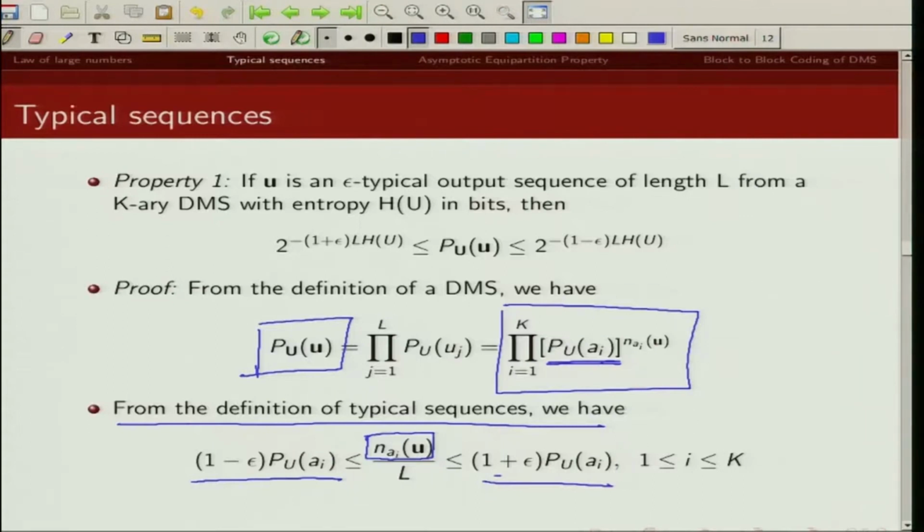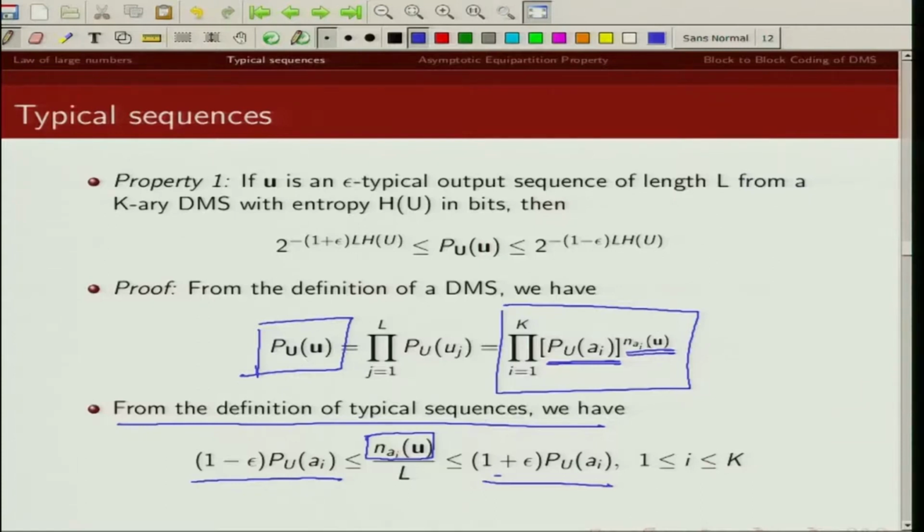Now if you try to raise a number between 0 and 1 to a power which is greater than NAiU, then this term will become less, right? For example, half raised to power 3 is more than half raised to power 10.